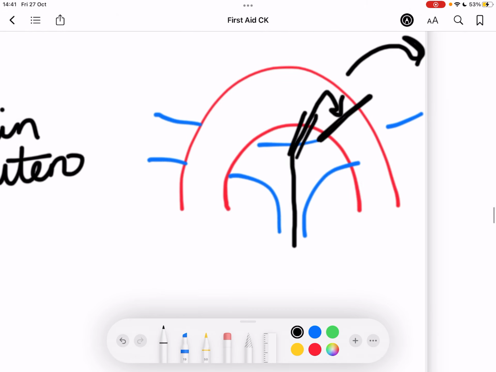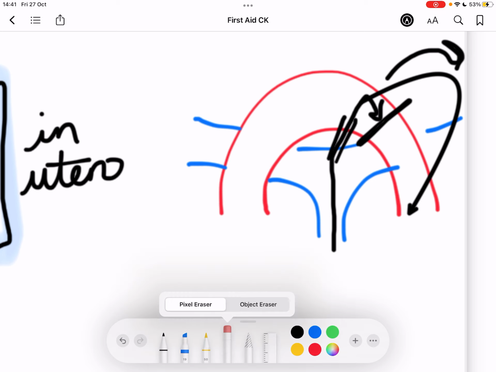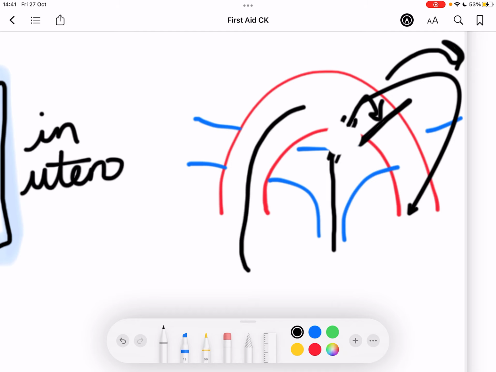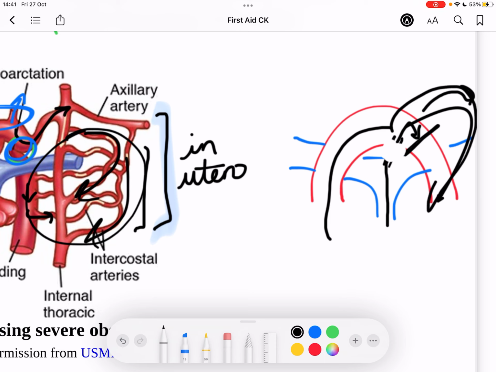So we essentially bypass the obstruction. So then at birth, when the PDA closes, what happens? My blood comes up here, but it's not a problem because I have a bypass because of this vascularization, this using of the intercostal arteries.